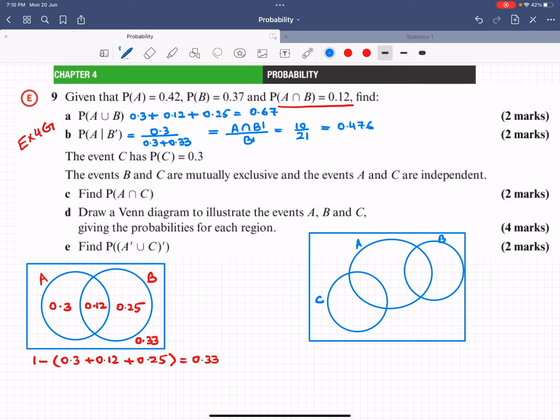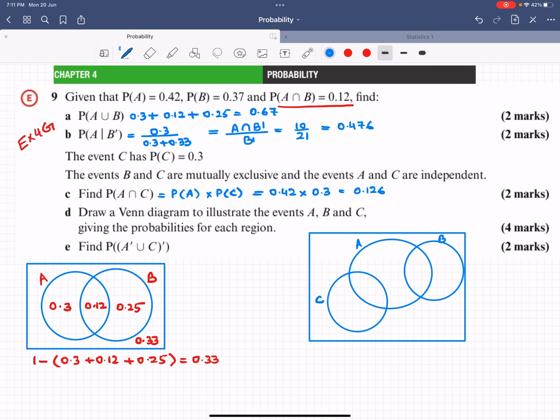So now the probability of the set C is 0.3, and we need to find the probability of A intersection C. So we already know the probability of A, and we already know the probability of C. Therefore, probability of A intersection C is probability of A multiplied by the probability of C, and that is 0.42 multiplied by probability of C, which is 0.3, and we get 0.126.